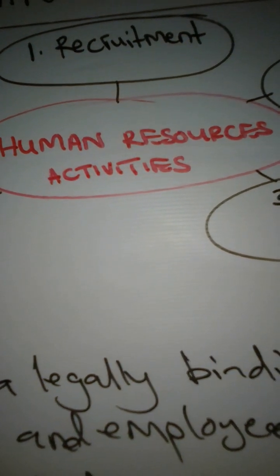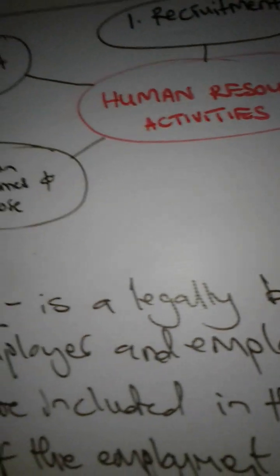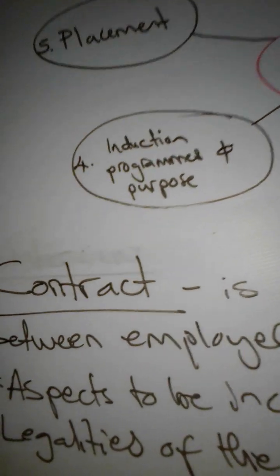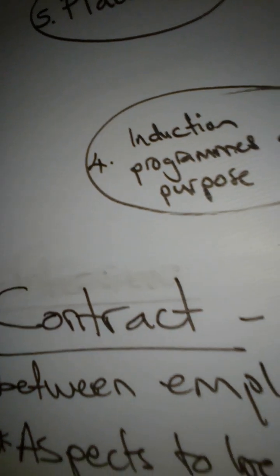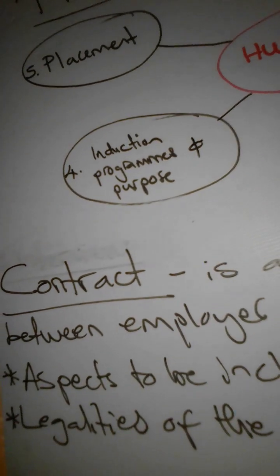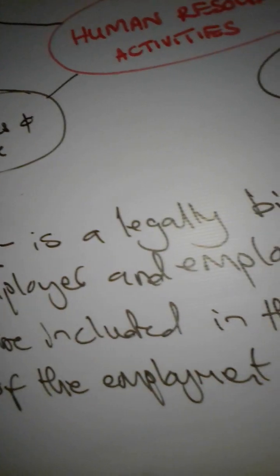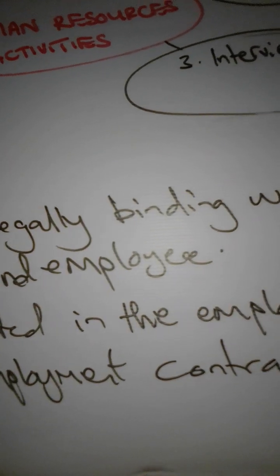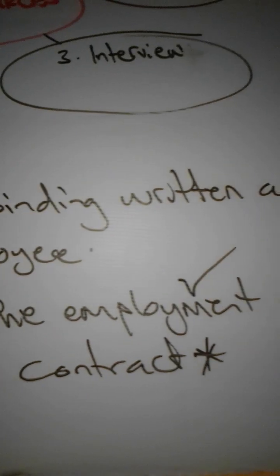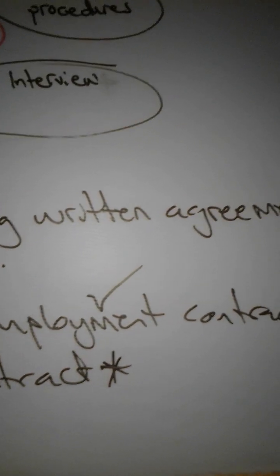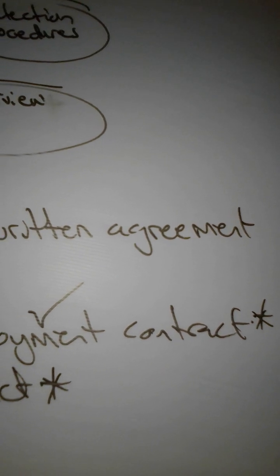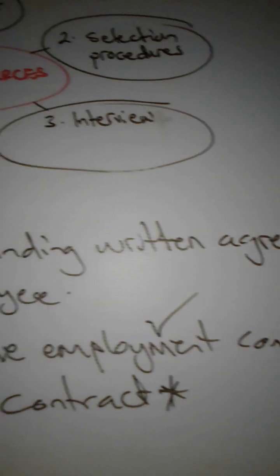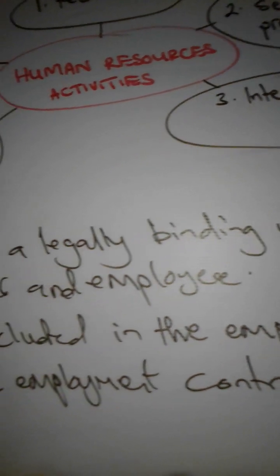Another point, both parties must agree to any changes to aspects of the contract. The employment contract should include a code of conduct and a code of ethics. The employee needs to know how he or she is supposed to conduct himself or herself in the work environment. It may not contain any requirements that are in conflict with the Basic Conditions of Employment Act.